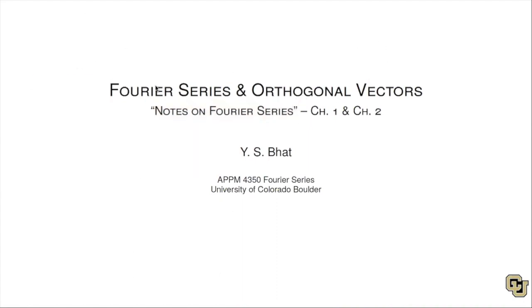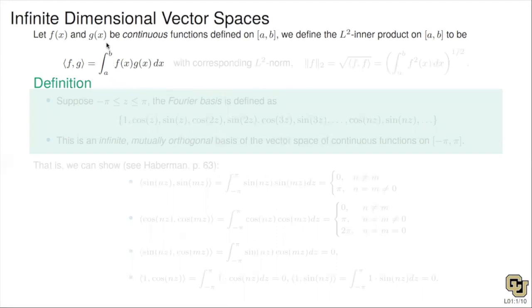So first and foremost, let's talk about infinite dimensional vector spaces, because really, that's what this class is about. This class is going to be called infinite dimensional vector spaces, okay? So for two continuous functions, I want to define what's called the L2 inner product. L stands for Lebesgue, which is the last name of a French mathematician. L2 inner product on this interval [a,b], we define it to be basically just the integral of the product of the functions, okay?